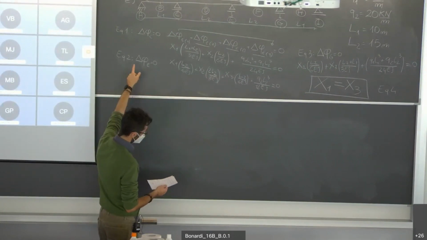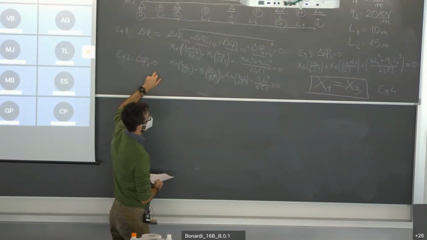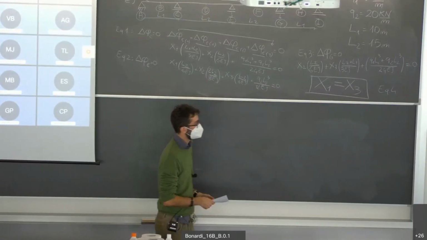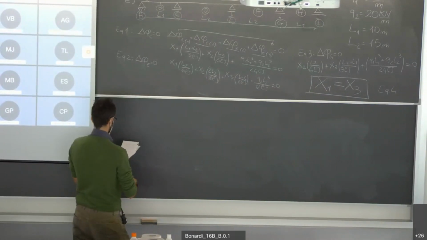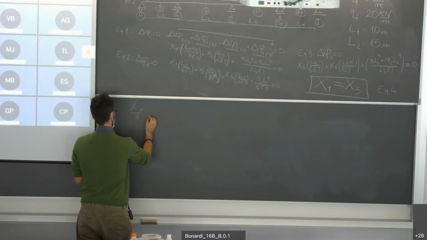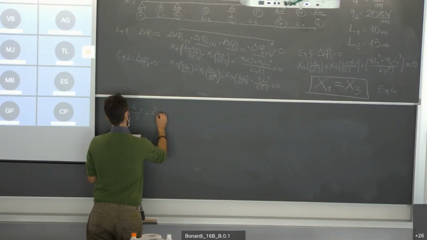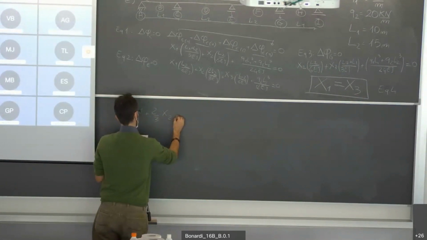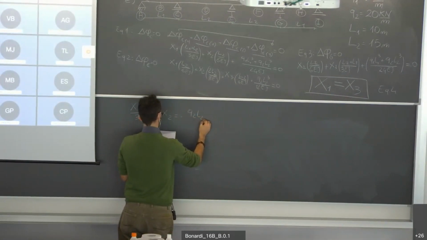But from the equation 1, we can use just equation 1 and equation 2 plus the information coming from equation 4. So we can end up saying that x1 over 3 plus 2 over 3 x2 minus 2 L2 to the power of 2, 12.